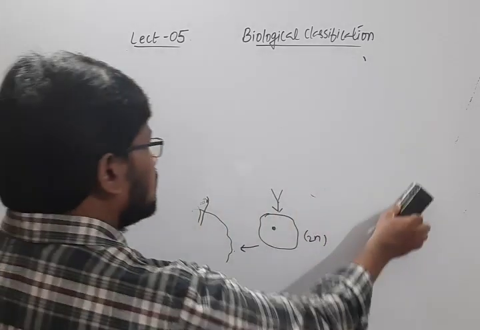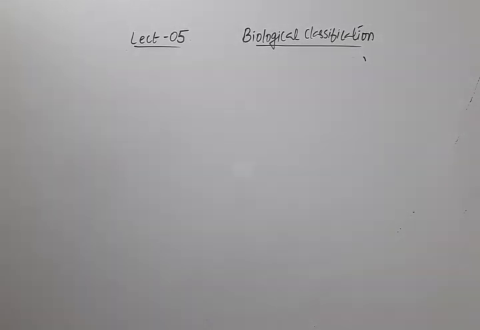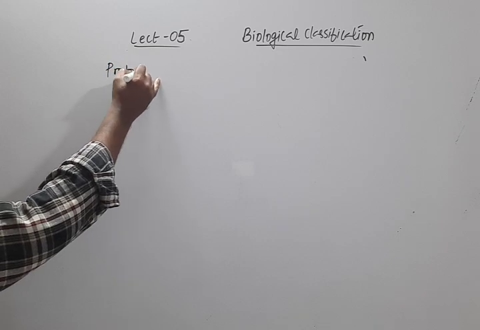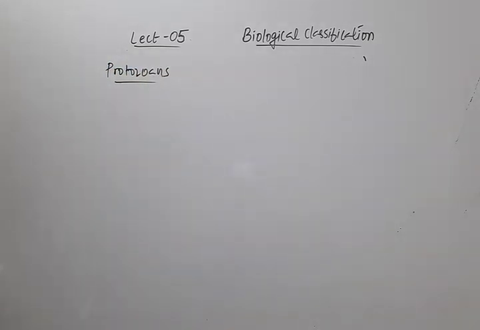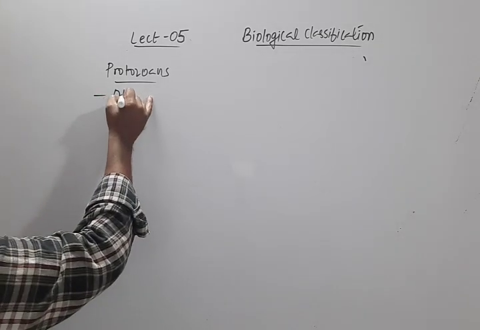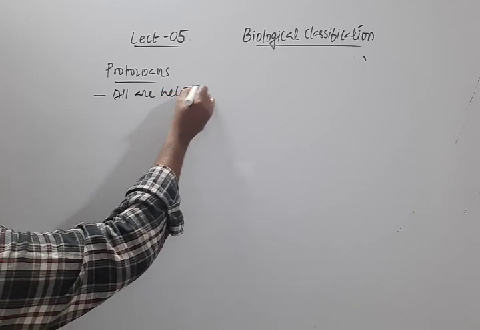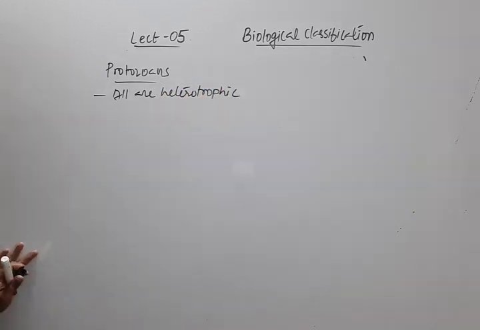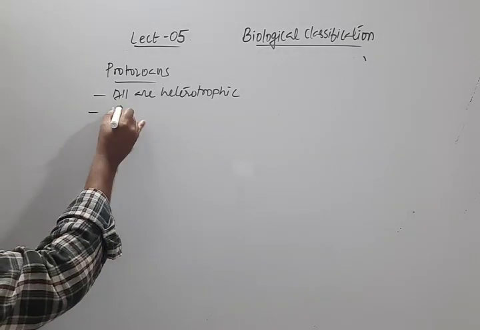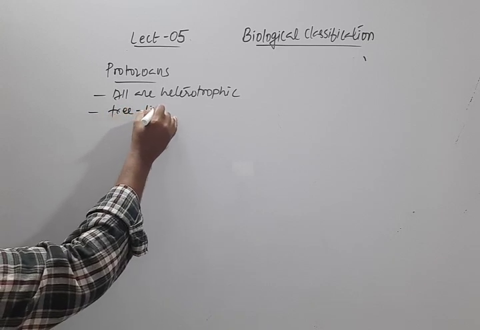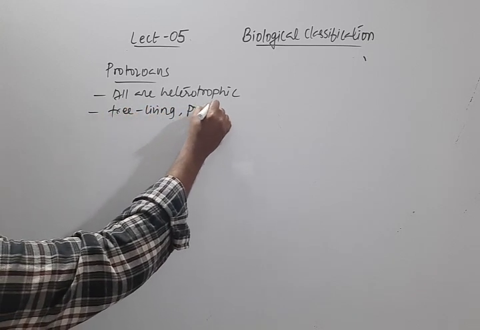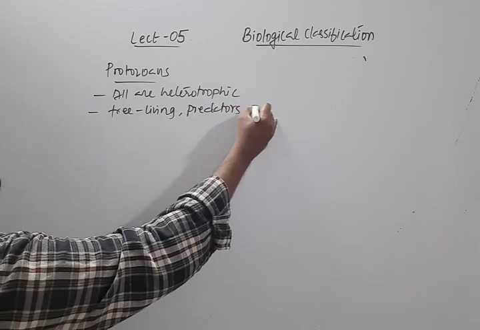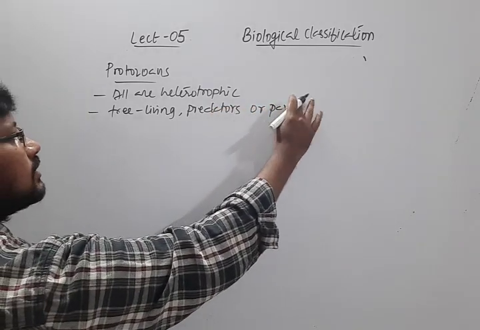Then coming to the last group of Protista, they are protozoans. All protozoans are heterotrophic, and they may be free living, or they may be predators or parasites.